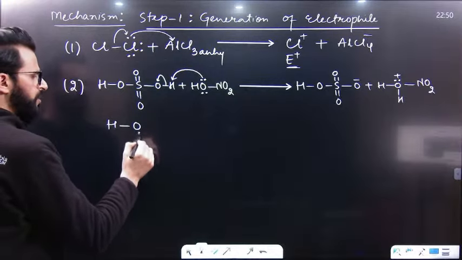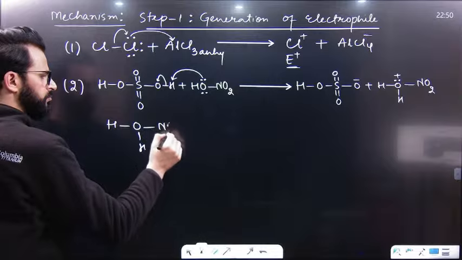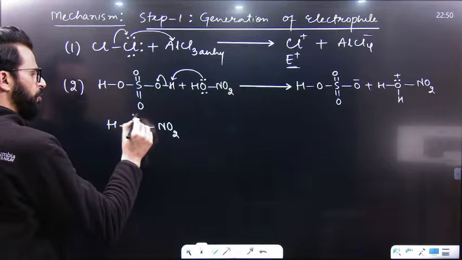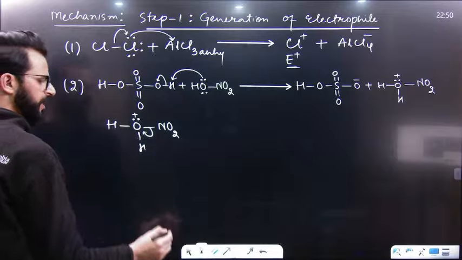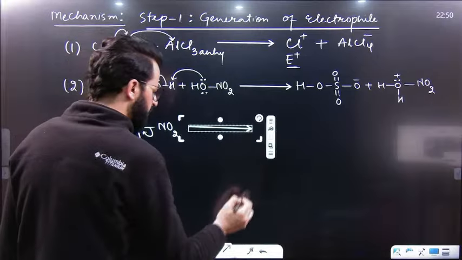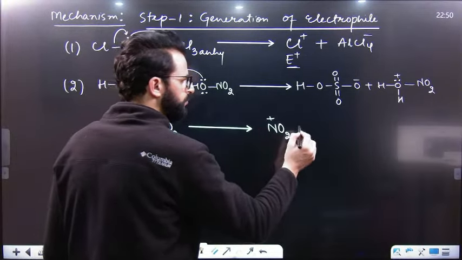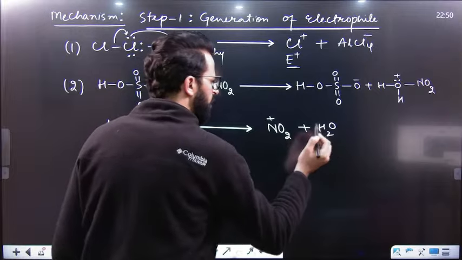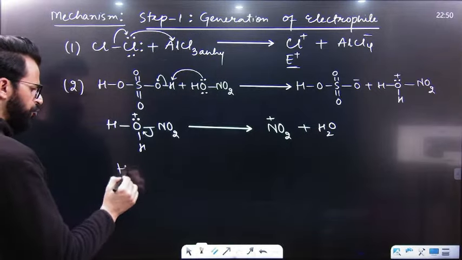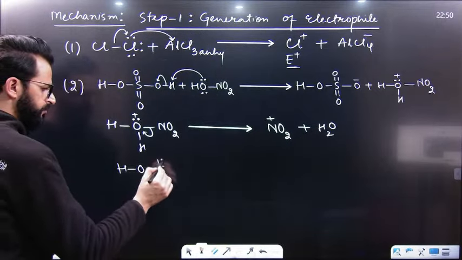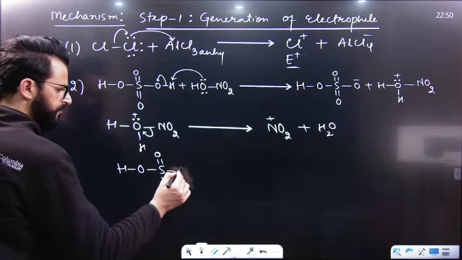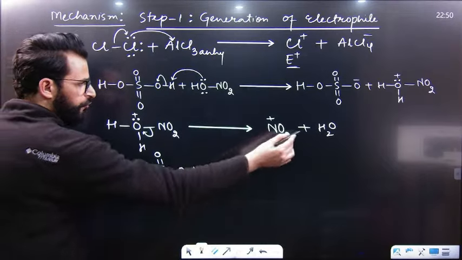Now, in the second step, what will happen? In this H2O+NO2, O becomes positively charged, so this is a good leaving group. It will leave and result in the formation of NO2 positive. Now after that, another molecule of H2SO4 will react with the H2O formed.